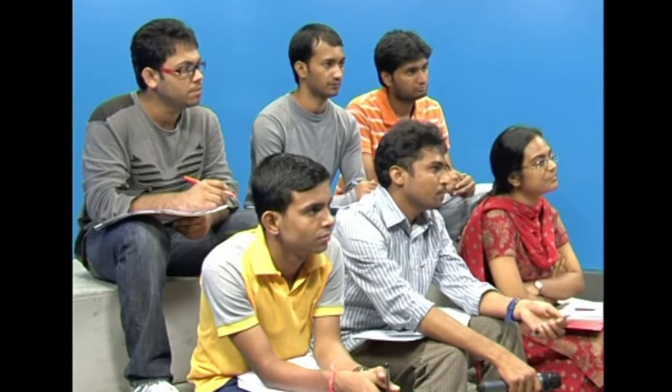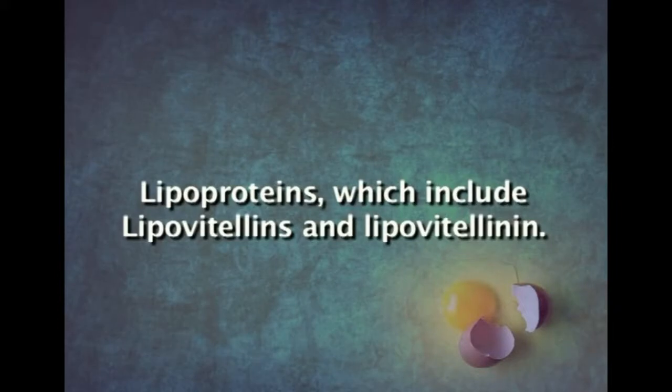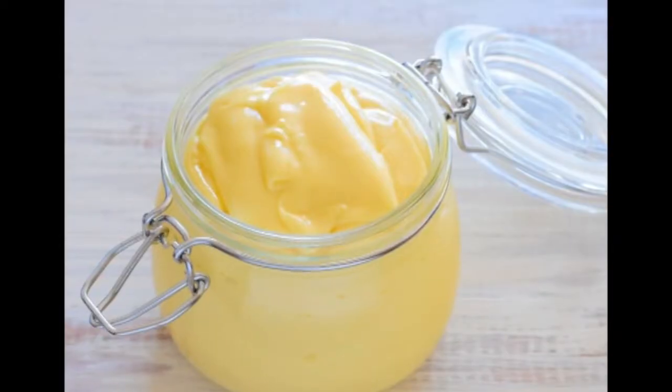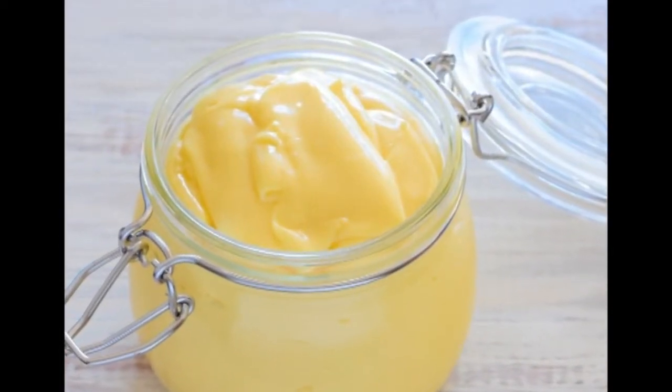Mostly in the egg yolk you will find a large amount of lipids as well as the proteins. The major proteins in egg yolk are lipoproteins, which include lipovitellins and lipovitellenin. The lipoproteins are responsible for the excellent emulsifying properties of egg yolk, which is used in such products as mayonnaise.